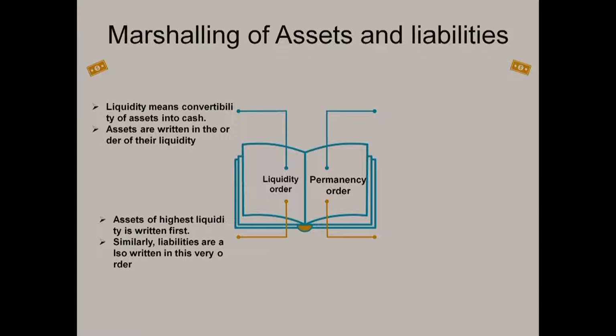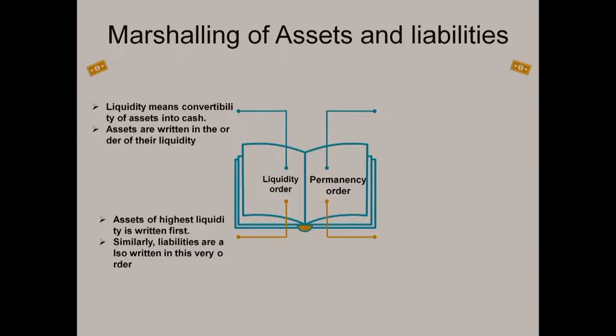When we follow the liquidity order, what will be the asset of highest liquidity? That will be cash in hand, because you already have it, and the next would be cash at bank, because if you don't have cash with you, then the easiest place you can get cash from is the bank as compared to other things which we would also learn about. So the assets of highest liquidity are written first.